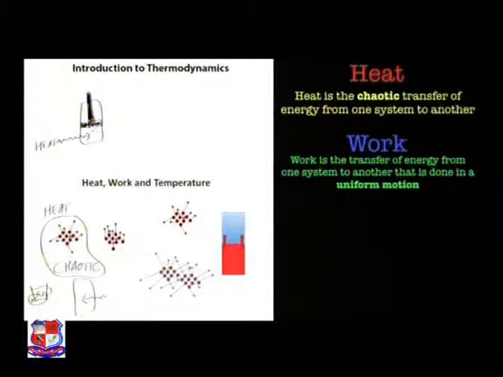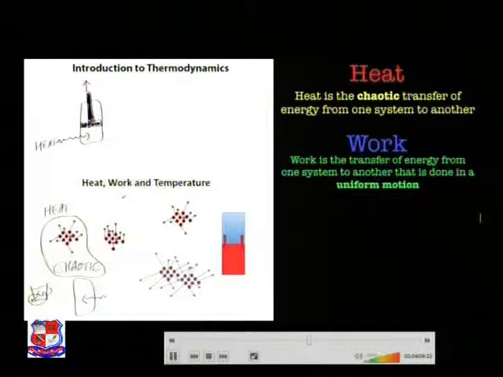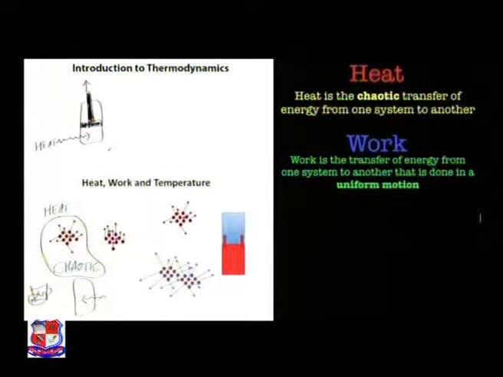So increasing the energy in this system will cause the piston to move up, and that's a uniform motion of molecules. All this piston is made out of molecules, or atoms of metal, and it moves in the same direction. So that is work. Work is the transfer of energy that changes the motion of atoms in the surroundings in a uniform manner, and that's the standard definition of that.